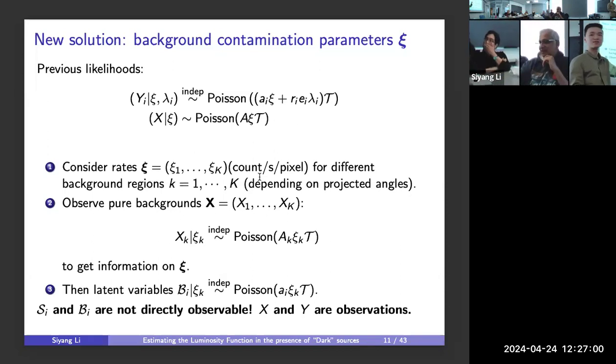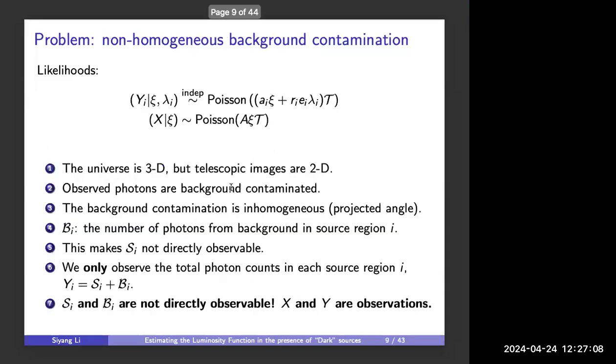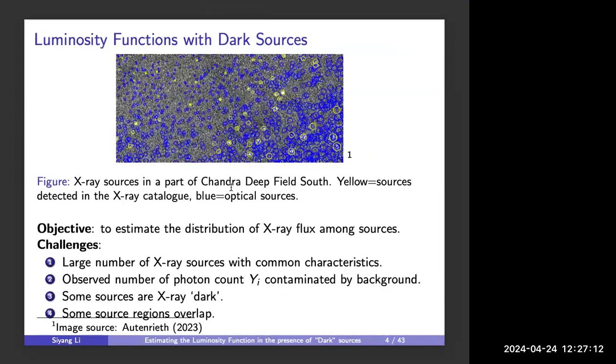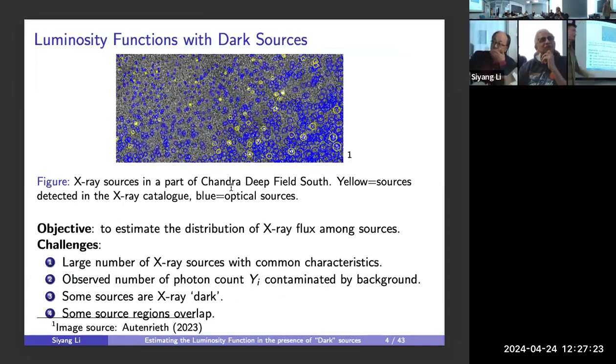You could go back to your first picture and illustrate that, Siyang. Those are the little circles. The little a is, for example, the area of this yellow circle, and all the blue ones. But for those dark ones, you don't know what the area is?